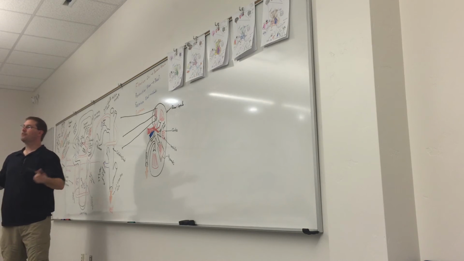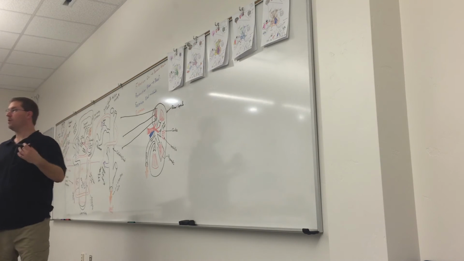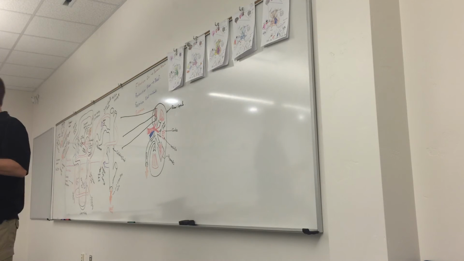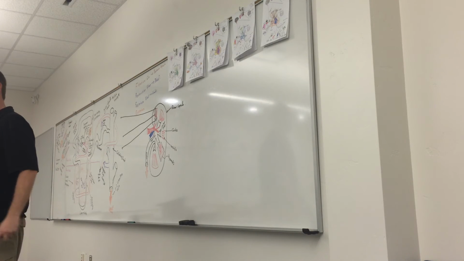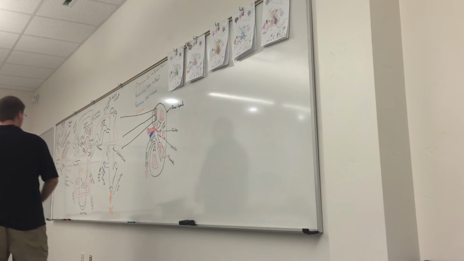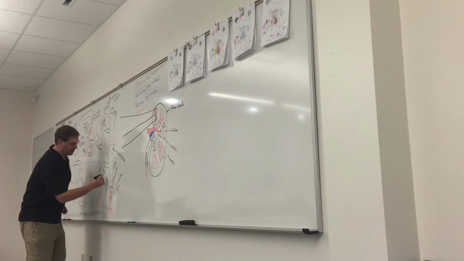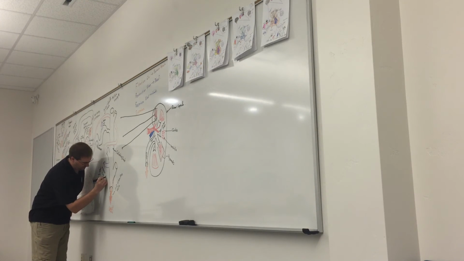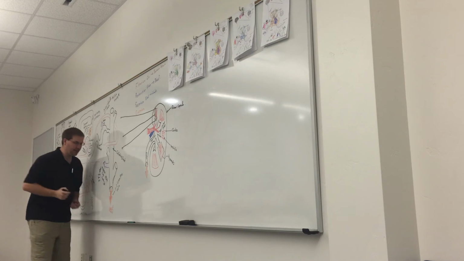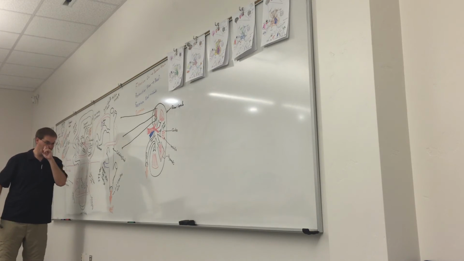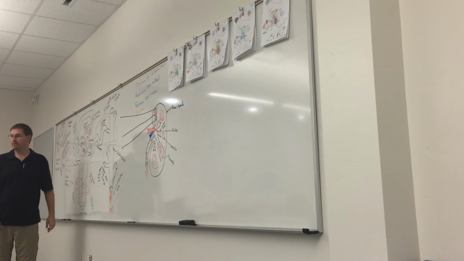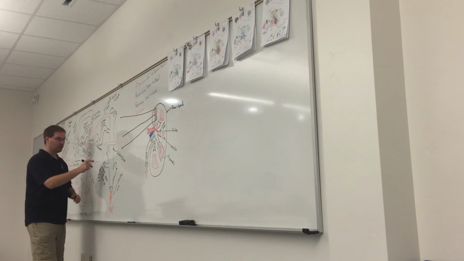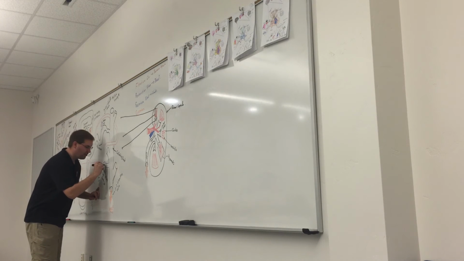And what is the other major hormone involved? ADH, antidiuretic hormone. ADH works here in the collecting duct. High levels of ADH cause me to reabsorb. High levels of ADH increase reabsorption of sodium and water here.